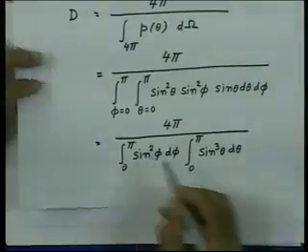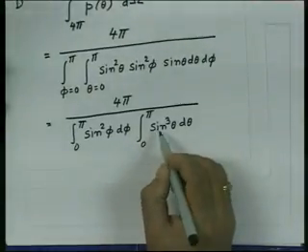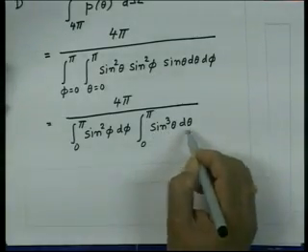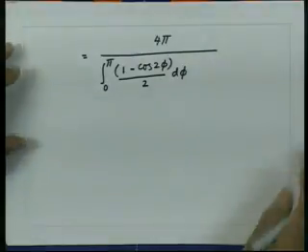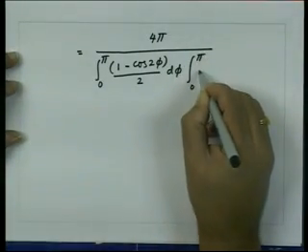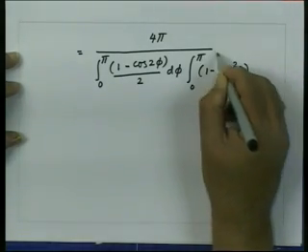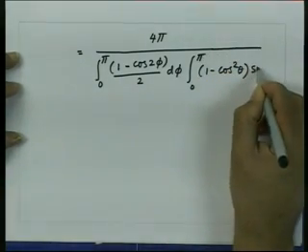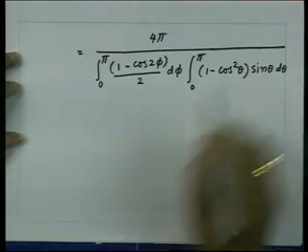The sin square phi we can write like that, and for theta we can write sin square theta into sin theta, and sin square theta we can write as 1 minus cos square theta. So, we get the integral from 0 to pi of 1 minus cos square theta, sin theta d theta.